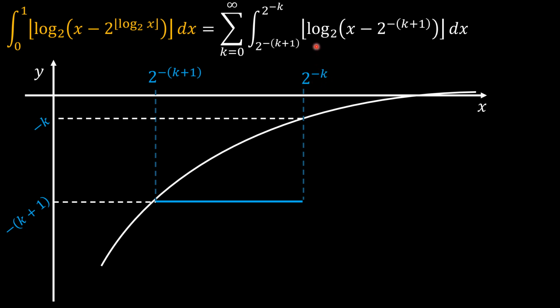We're going to have the floor of log 2 of x minus 2 to the power negative k plus 1, right? So we've reduced it up to there, but still we do have this floor function, right?